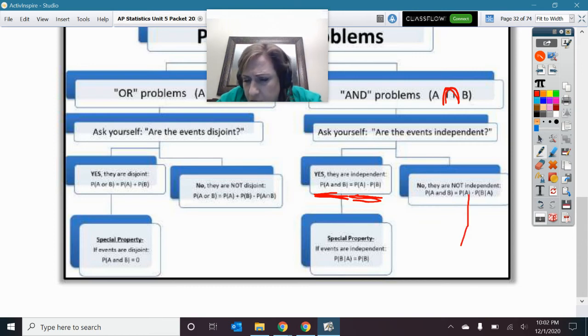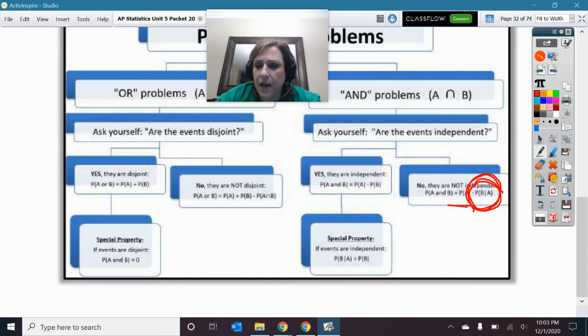I have to multiply the probability of event A and the probability of B, given that A has happened, because this probability might be different if A has already happened.